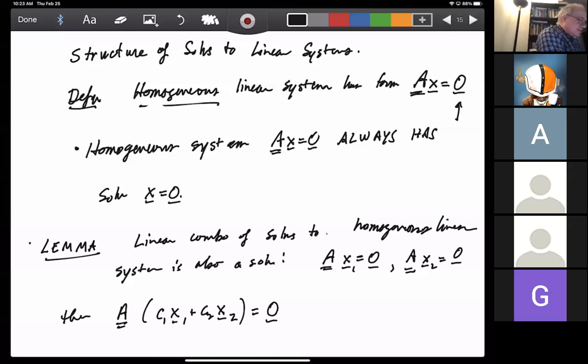Good, excellent. Does everyone have what they need from this page? So a lemma is just a little theorem. Just a result.